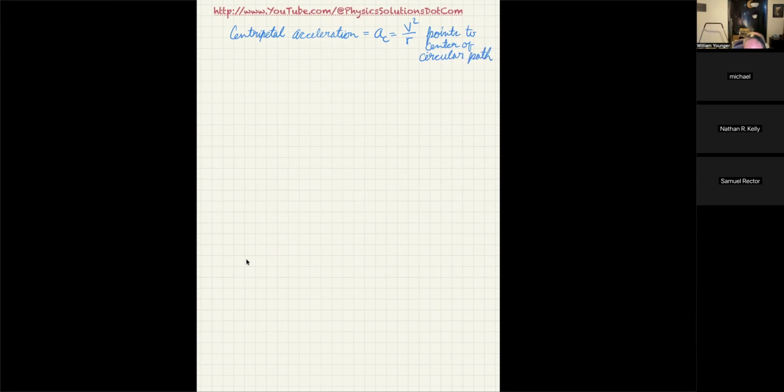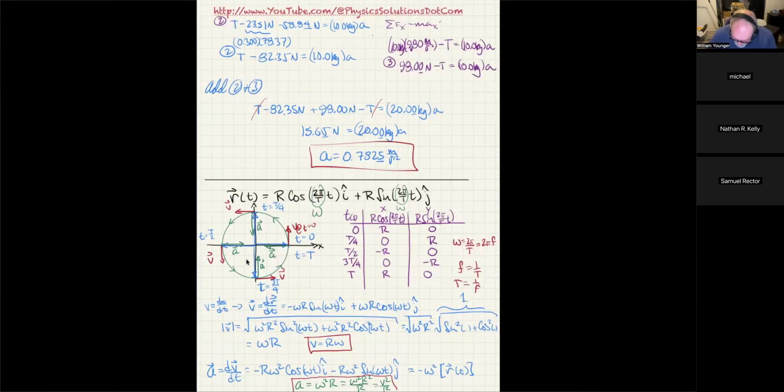Okay, we saw that from this derivation. Basically, we learned that the acceleration vector always points towards the center of the circle, and we found that its magnitude was omega squared times r, which worked out to be the same thing as v squared over r. V squared over r is the way I normally use it, but we could also use the omega squared r.